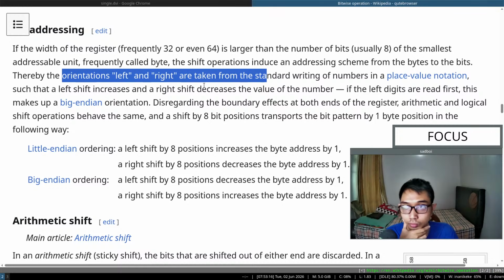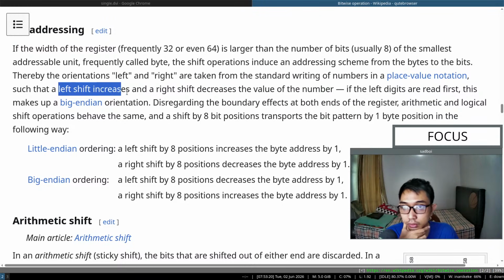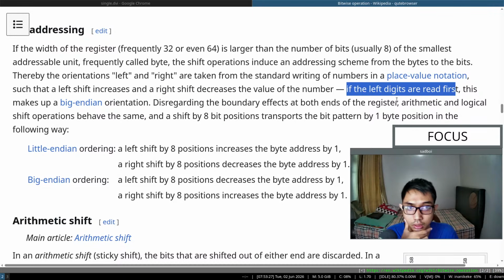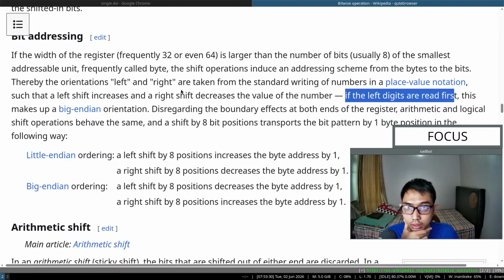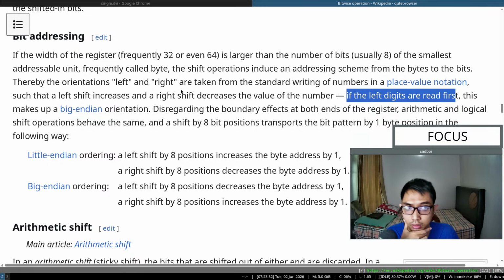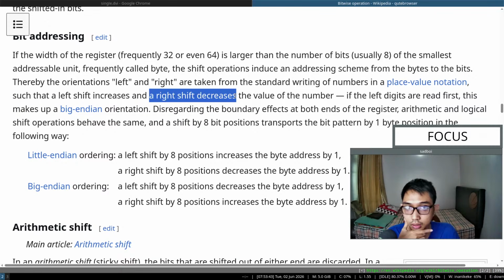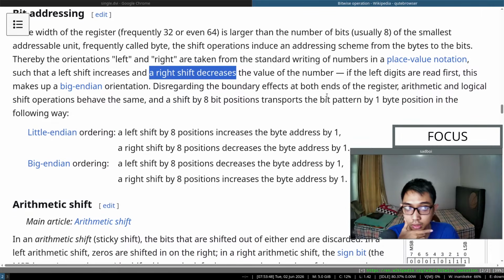Okay. Such that a left shift increases and a right shift decreases the value of the number.